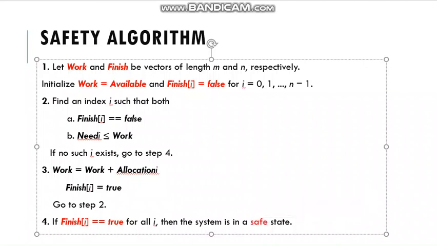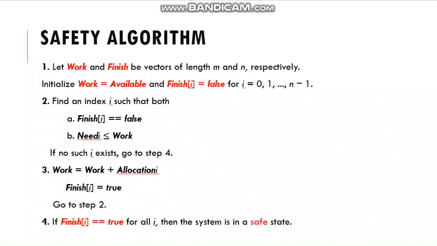Maybe in some scenario the condition won't become true every time, meaning the Finish of one process stays false in whatever way, then we say a deadlock will happen if you follow any of the sequences.